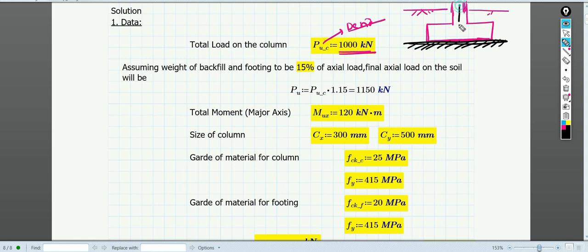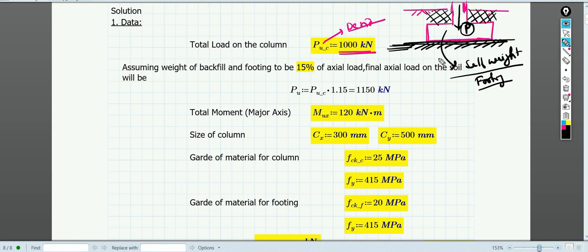We already have the P, the axial load, as well as we will be having soil over here also, and the self weight of the footing also will be there, right? So at this level the soil will be subjected to the axial load as well as the self weight plus any surcharge load that is over the footing.